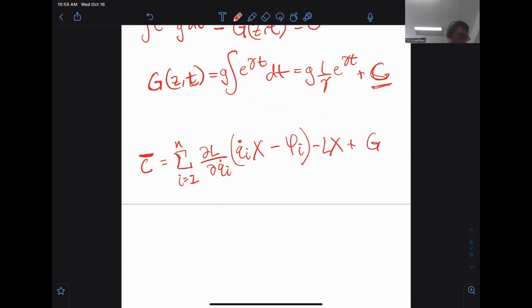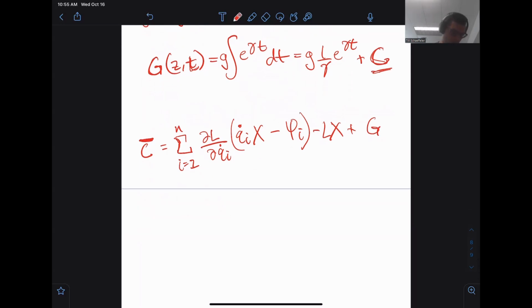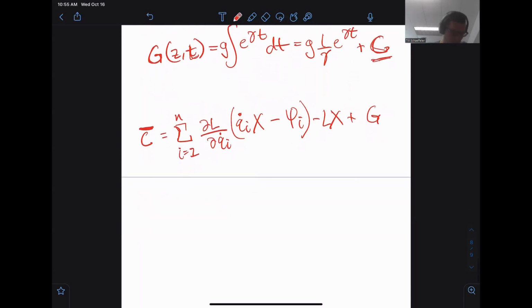The way they define x and phi is that x is related to the time transformation.